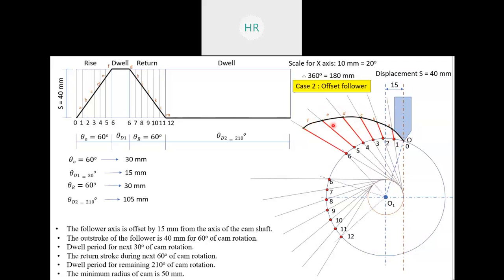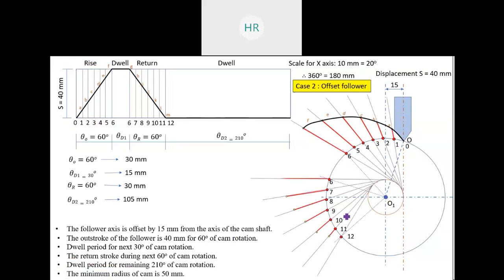So this profile will generate this displacement, this portion of displacement you can say. So that is for the rise angle.